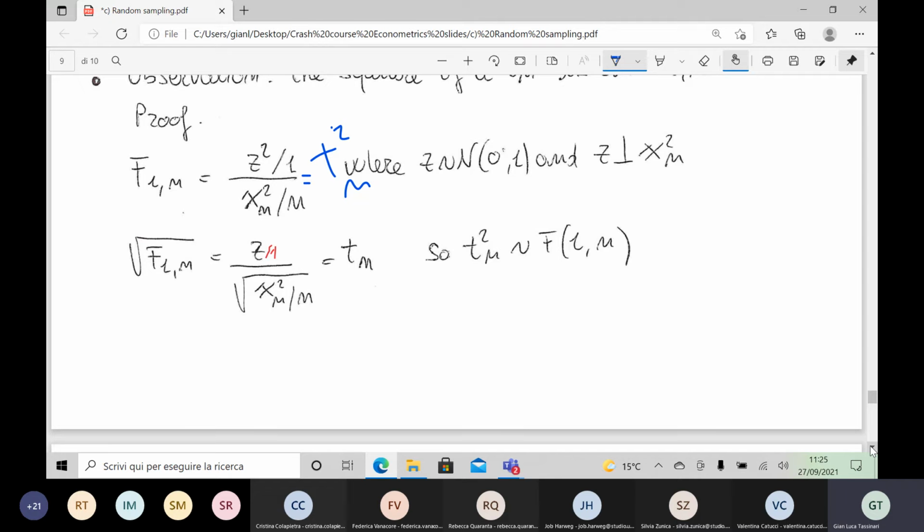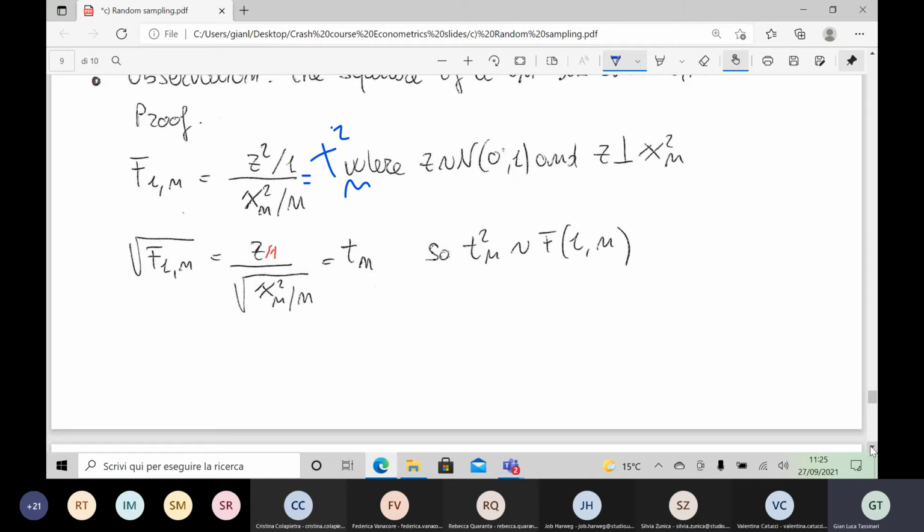So in those cases, we found the exact distribution of 4 sample statistics, or 4 random variables, because we followed the properties correctly. So these are exact distributions.